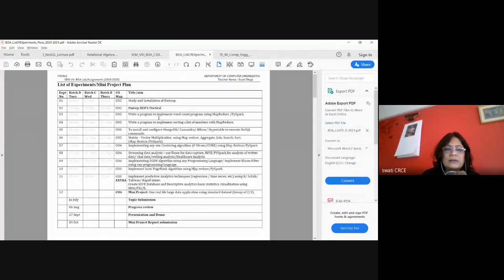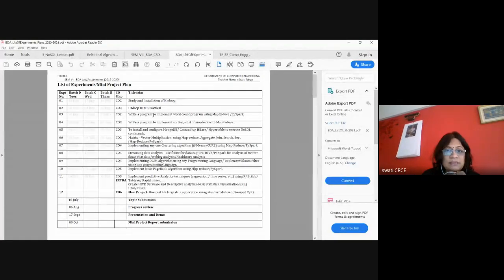Then you write for the third, fourth and sixth experiment. You can use the Python language. Okay, are you understanding? I'm just talking about the course, the big data course, how we are going to handle the course, because today's topic is very light, so I can give you the background about the subject, how we are going for this subject in the semester.